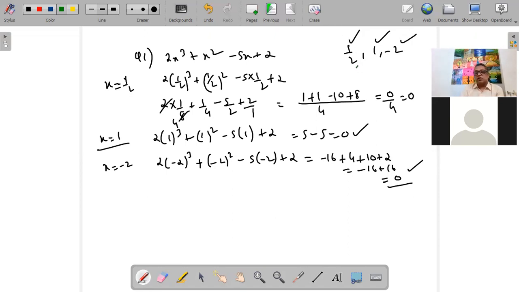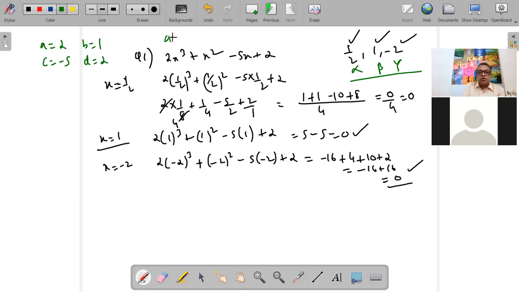So we have done the first part, that we have verified that alpha, beta, gamma are actually correct. Now comes the verification. For that we need A, B, C, D. A is 2, B is 1, C is -5 and D is 2.